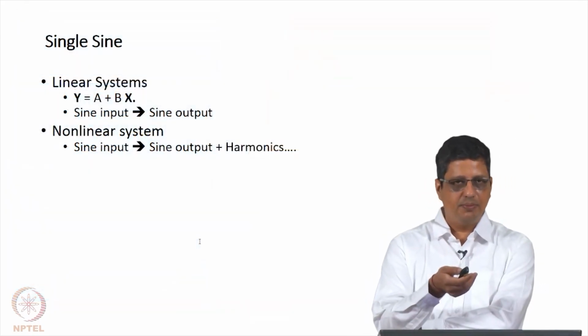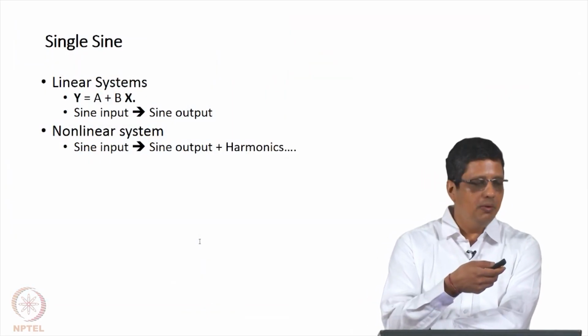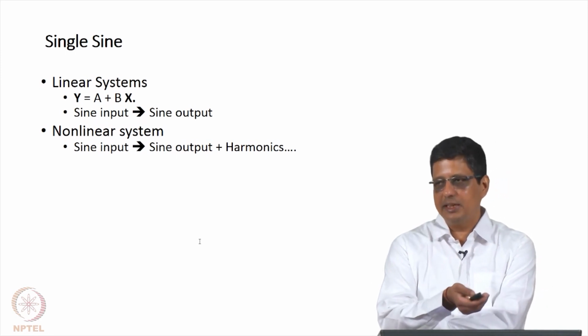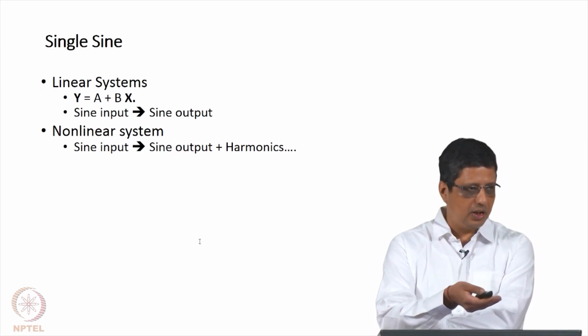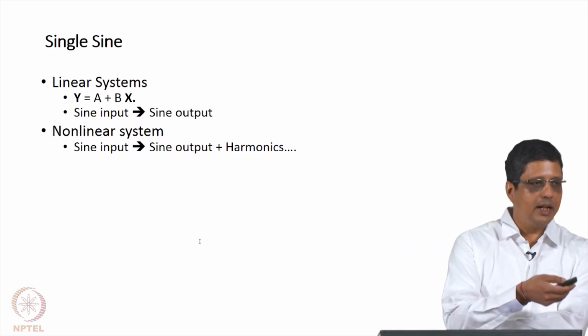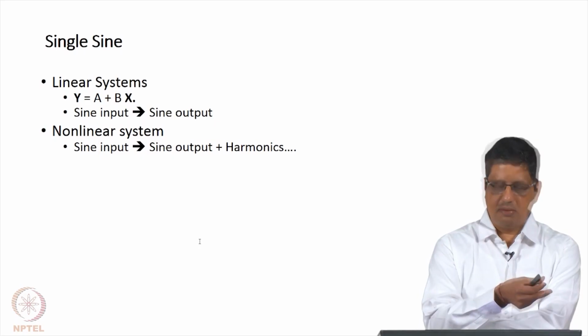When you have a relationship saying y equal to a plus bx, x can be a vector, y can be a vector, you give a sinusoidal input, call it x, the y will be a sinusoidal output. With a constant offset, with a phase difference, that is okay, but it is going to be sinusoidal. When you have a nonlinear system, a sinusoidal input will give sinusoidal output plus harmonics.